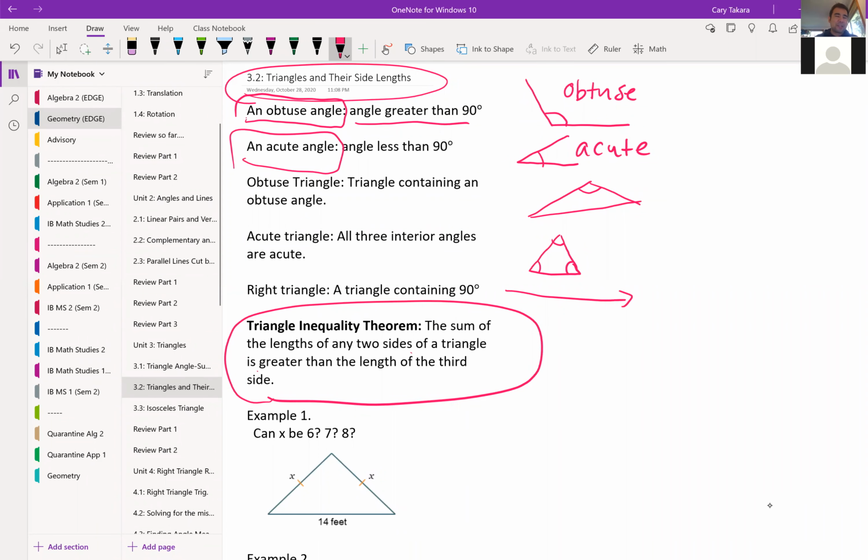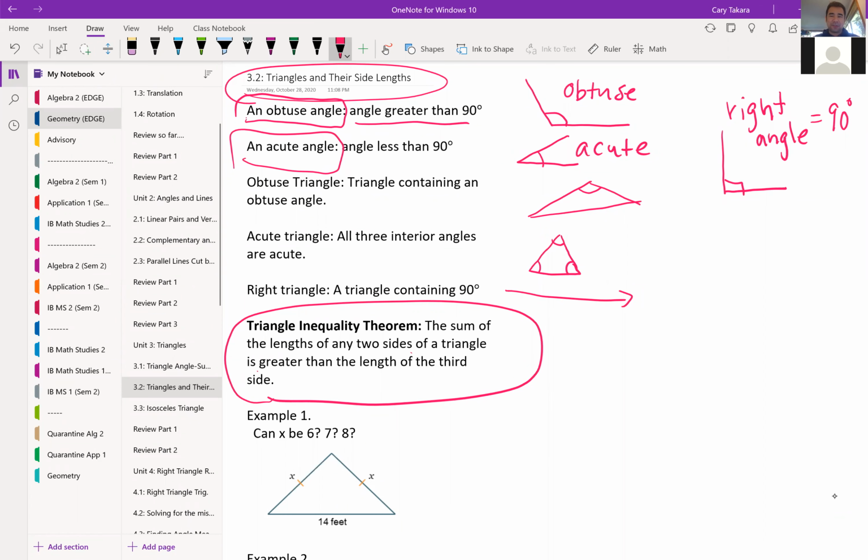And then the last one is the right triangle. Now, right, I guess I should say right angle. A right angle is the same thing as a 90-degree angle. I don't know what's so right about it, but somebody started calling that 90-degree angle a right angle.